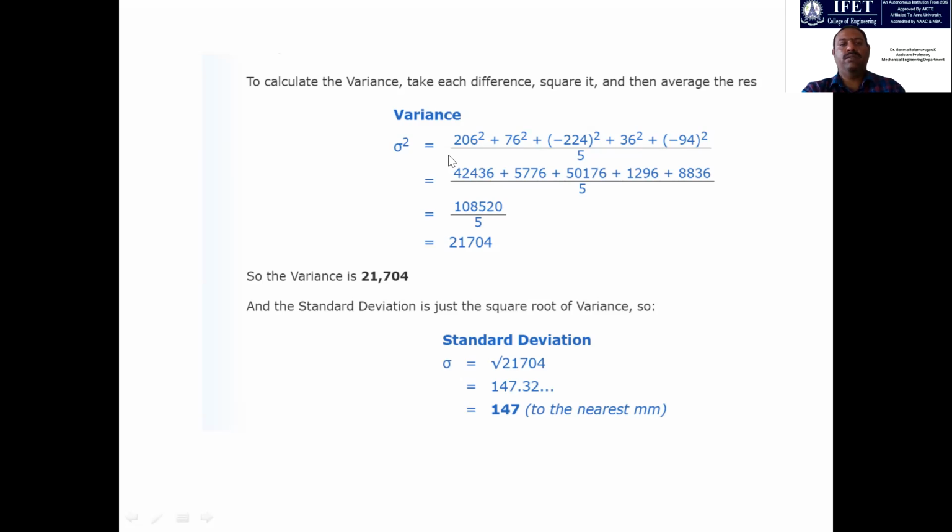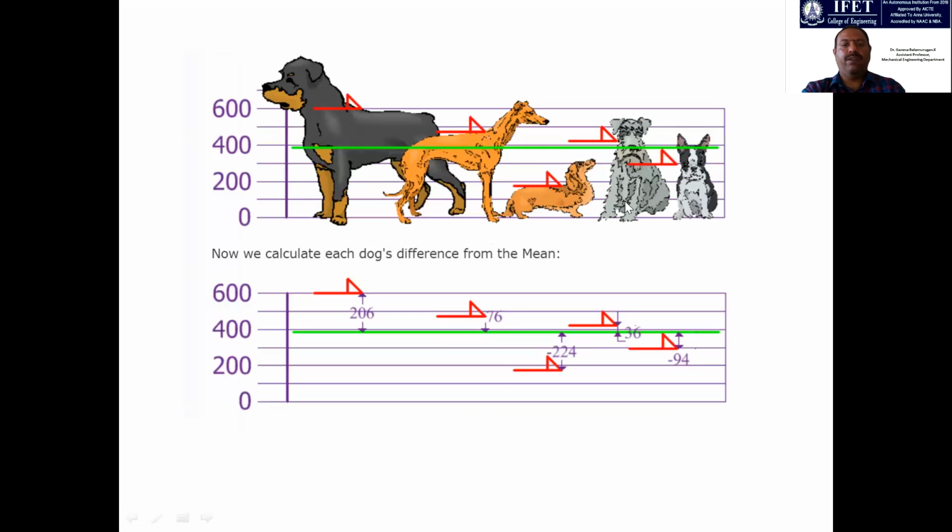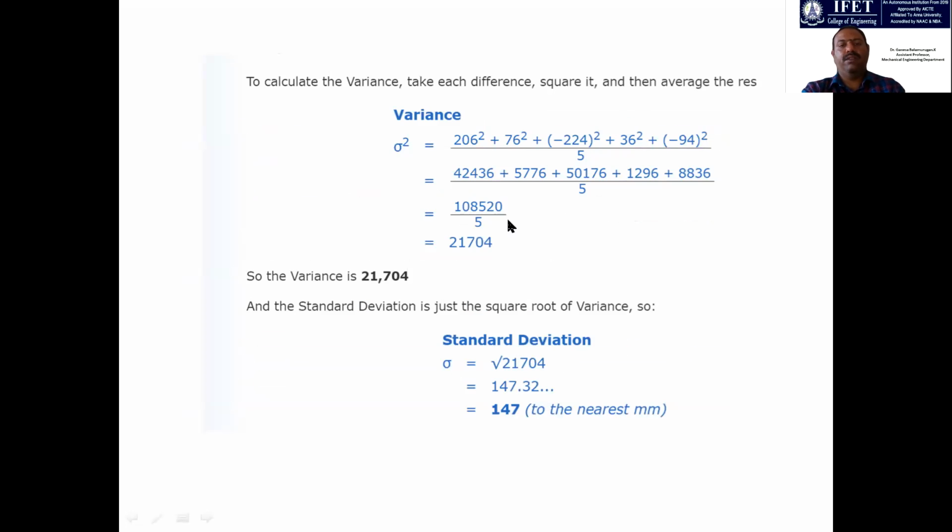The summation of the squares of all the deviations divided by the number of observations. Here the number of observations means there are 5 dogs, so 5. Now you can see this value, 21704. This numerical value is the variance.